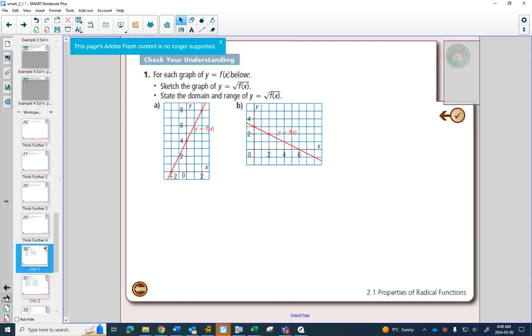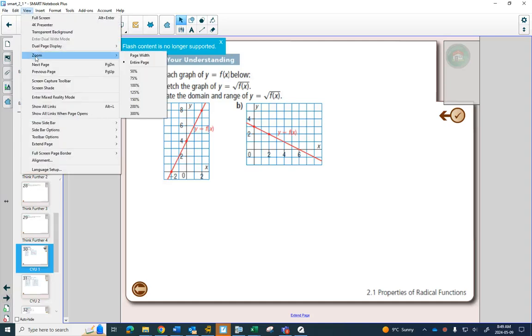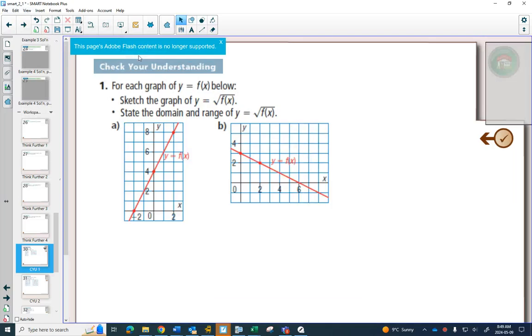So if we go to example 1 here, and they give you the graph, and they say, can you sketch the graph of the square root? The first thing you're going to do is look for where the values of f of x, where your y values, are 0 and 1. Because when you square root 0 and you square root 1, it's going to stay the same.